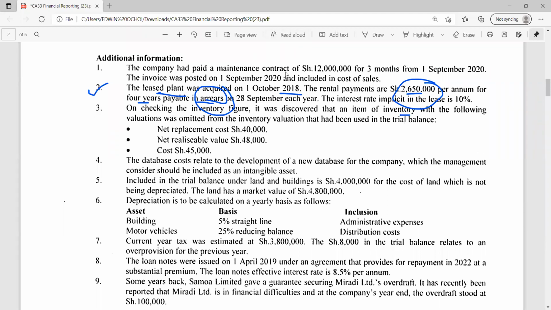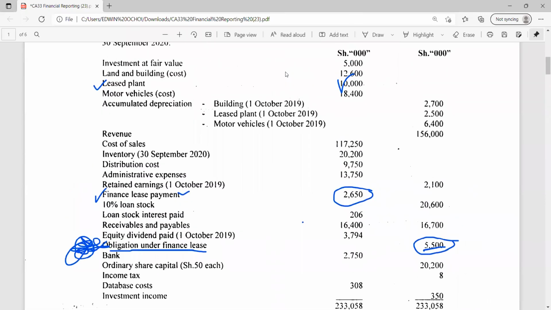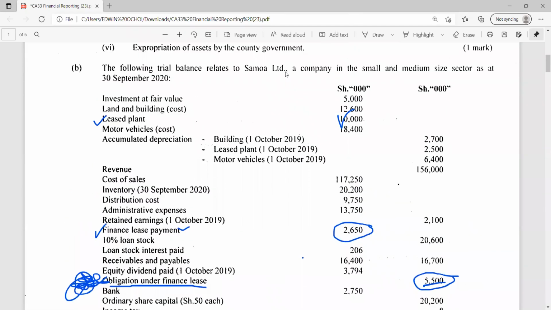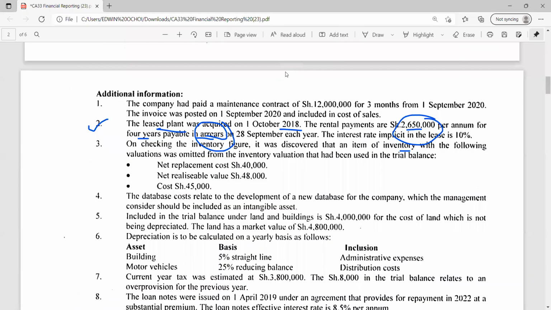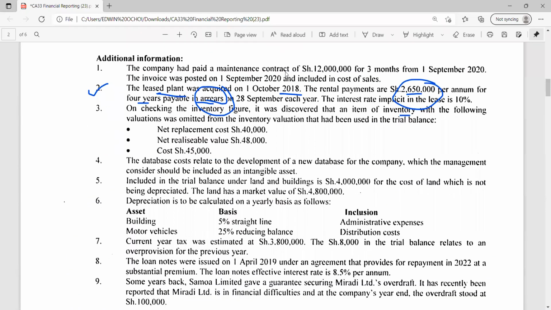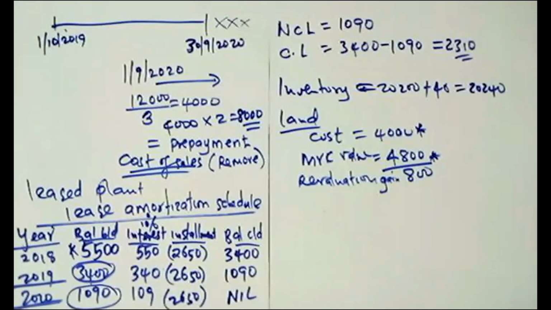5% on the cost. So for the cost of the building, you go to your trial balance. Remember that the land and building was 12,600. You were already told in the additional information that the cost of the land is 4 million.